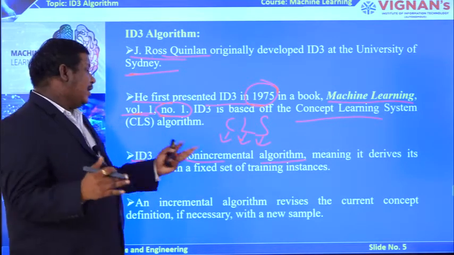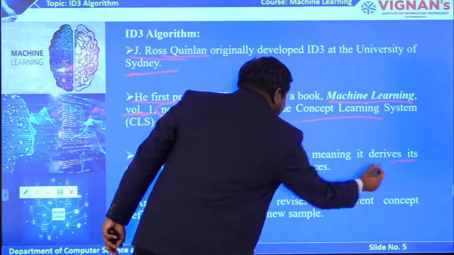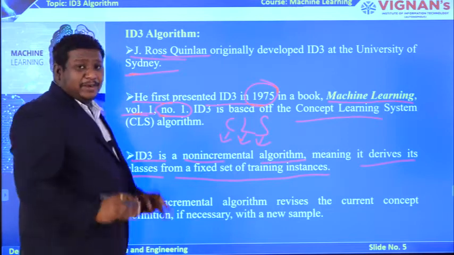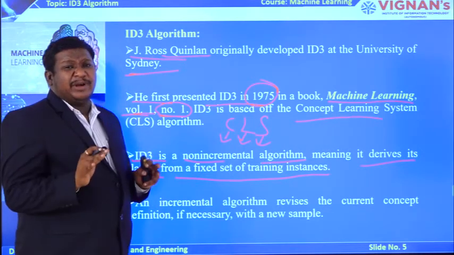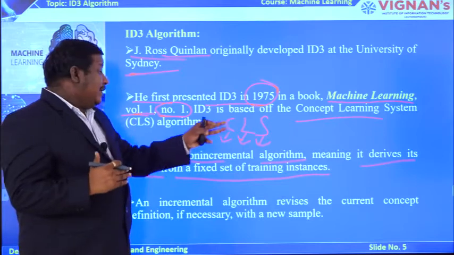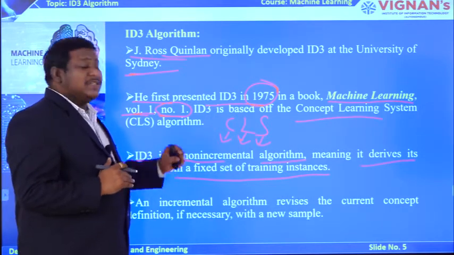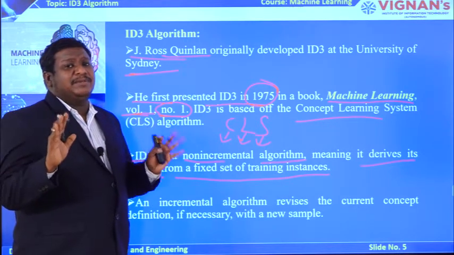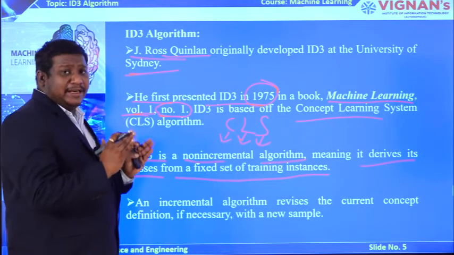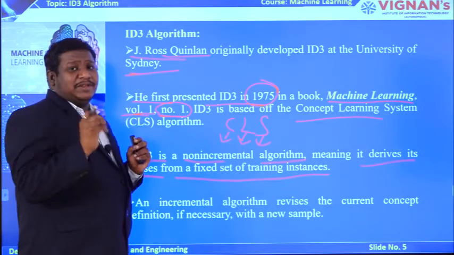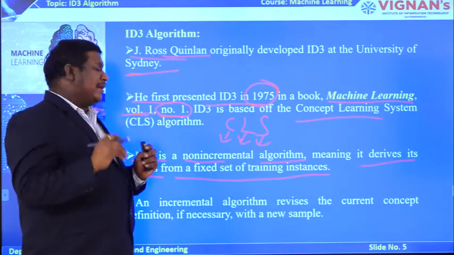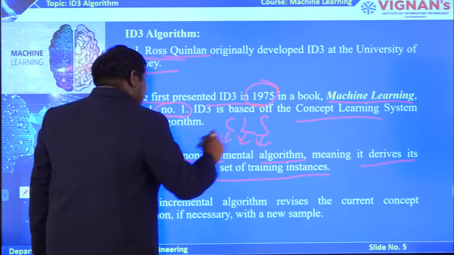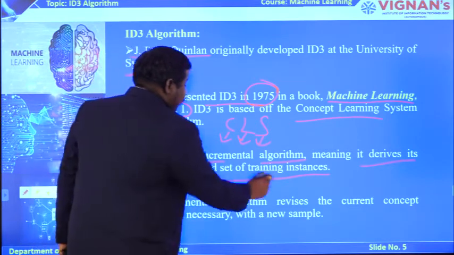So what does non-incremental algorithm mean? It derives its classes from a fixed set of training instances. Try to remember this. We already know that supervised learning works on training data. Whatever objects or instances we take in that training data are training instances, and ID3 derives its classes from a fixed set of them.